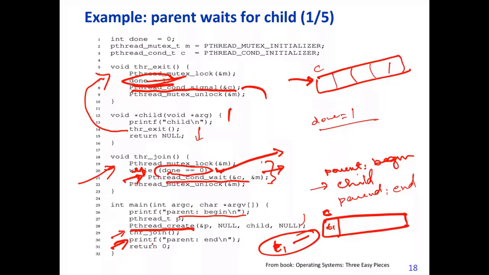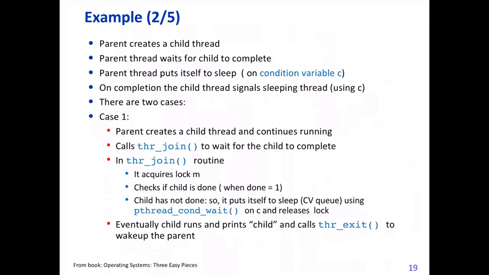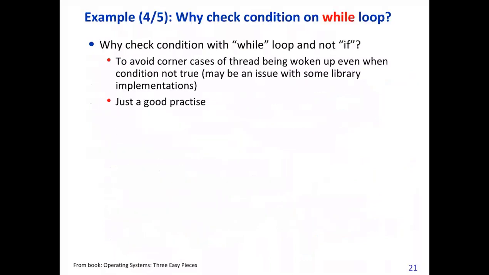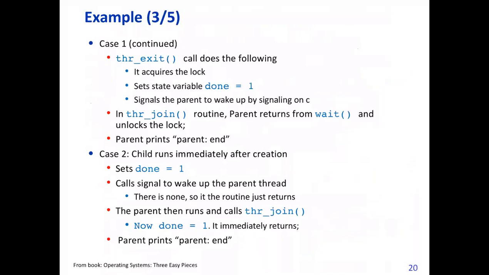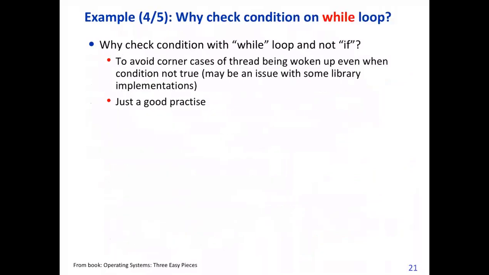When program logic says that this condition is not met, then put the thread into sleep, and when the condition is met, then wake the thread up. Just think about it, you will get the logic. Now the question is why we use a while loop instead of if.